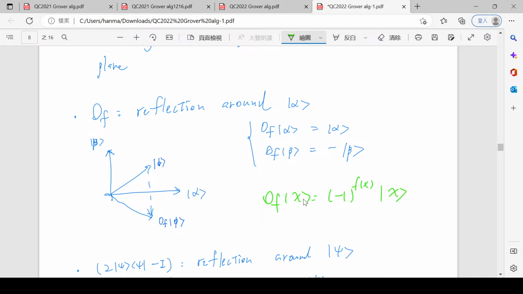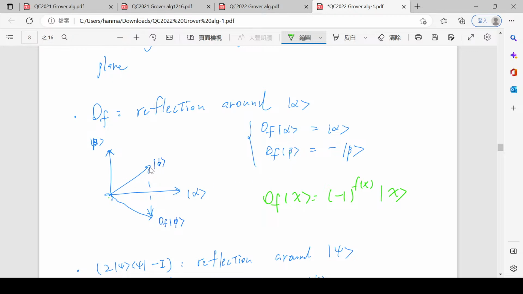So when you apply O_f on alpha, then you do nothing. And when you apply O_f on beta, then beta is the sum of x such that f of x equals 1, so you get a negative 1 phase here. Okay? And so that's what O_f does on alpha and beta.